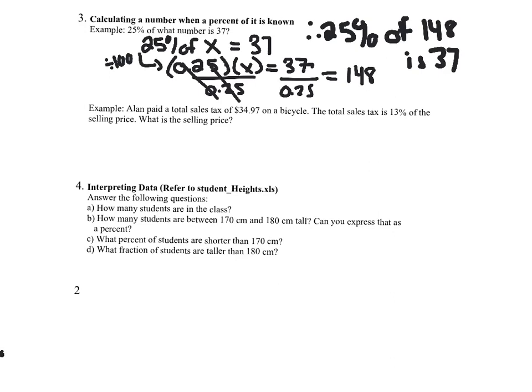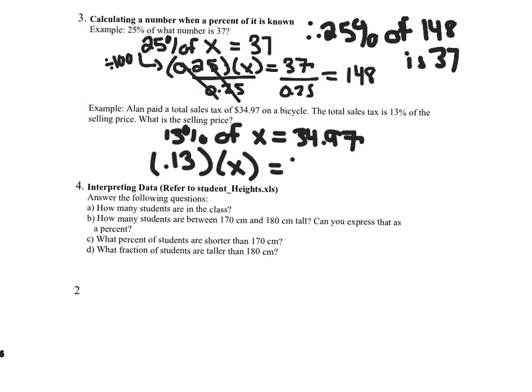Okay. Example, Alan paid a total sales tax of $34.97 on a bicycle. The total sales tax is 13% of the selling price. So what is the selling price? Again, we're saying 13% of blank is equal to 34.97. So setting that up, convert the percent into a decimal. Of x is multiplication, equals 34.97.